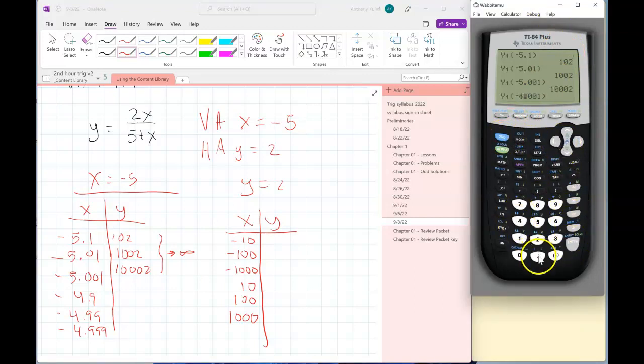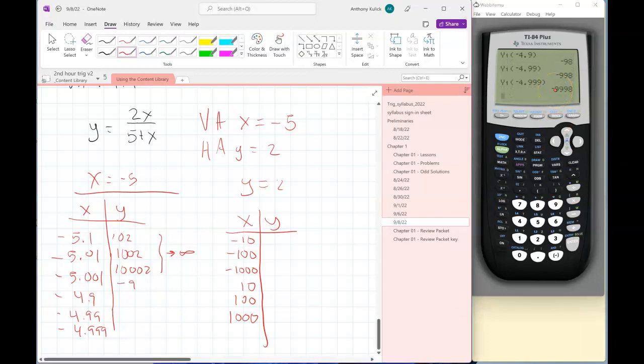Now I'll just go down and do the other part. So -98, -998, -9,998. What does it look like is happening there? Looks like negative infinity to me as well.